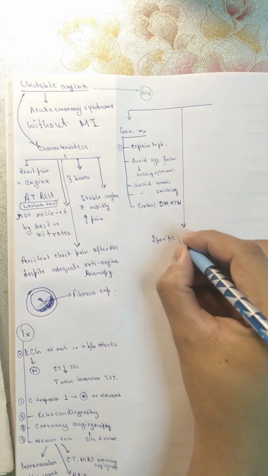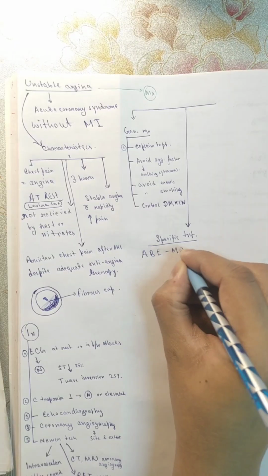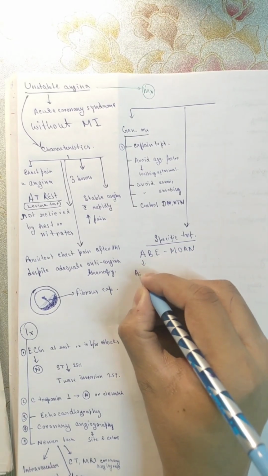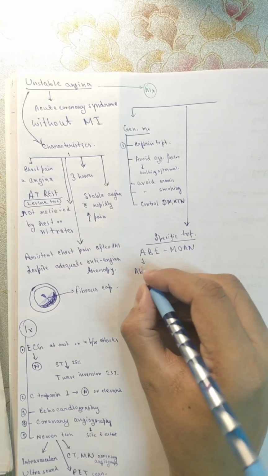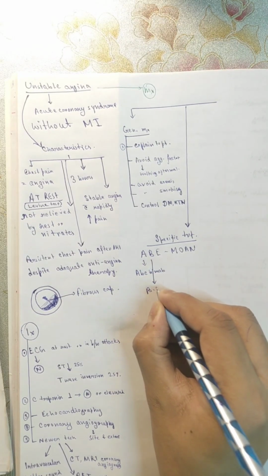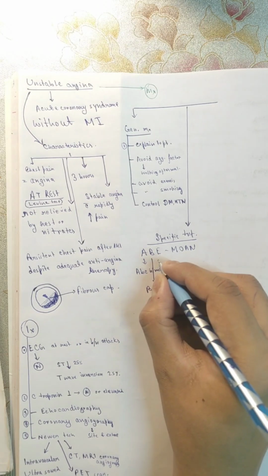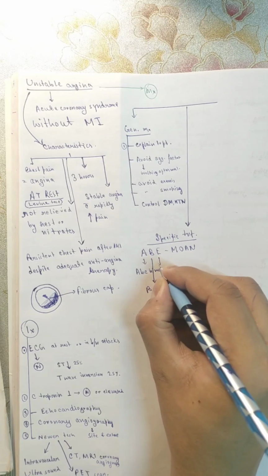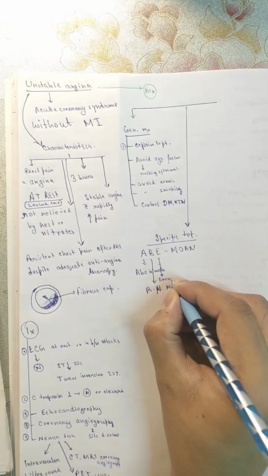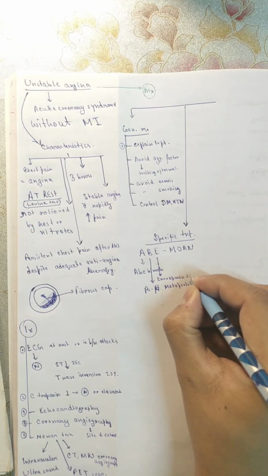Next is specific treatment. Now if I talk about the specific treatment, then we have abciximab, beta blocker, metoprolol, and enoxaparin SC.